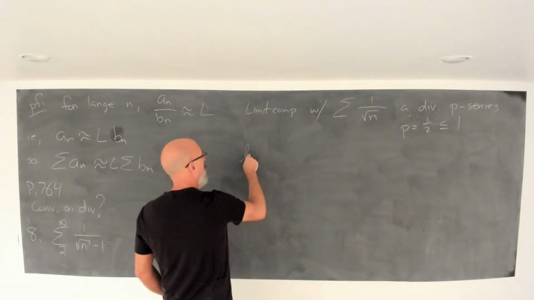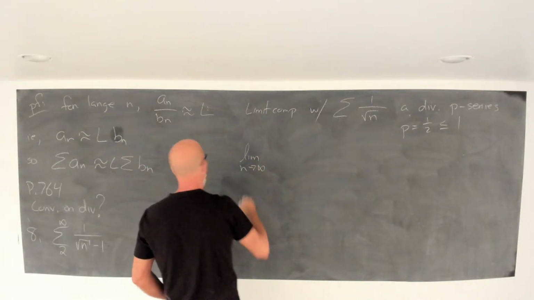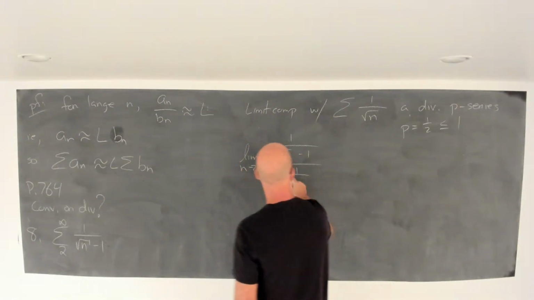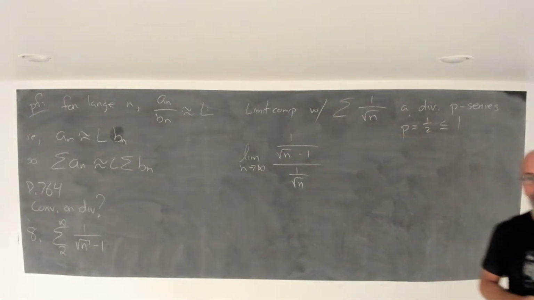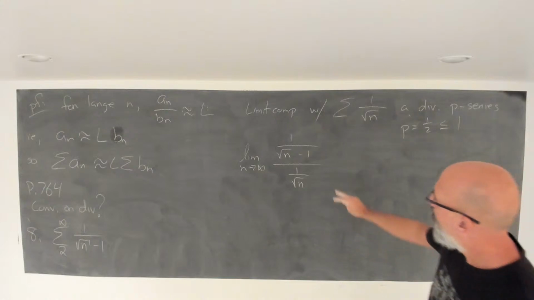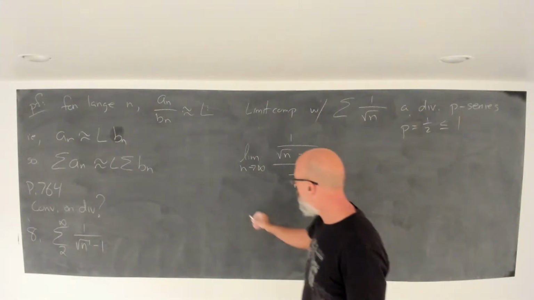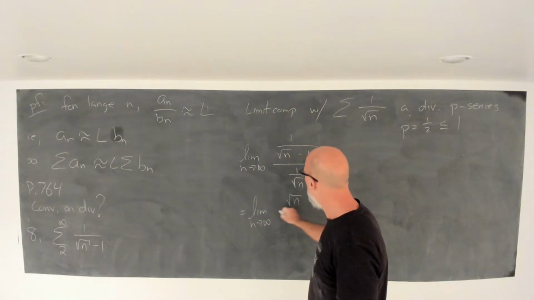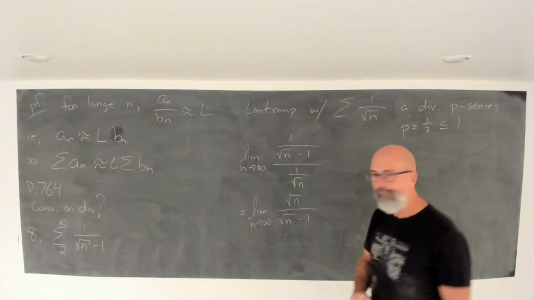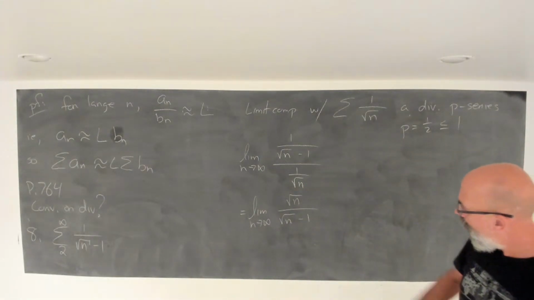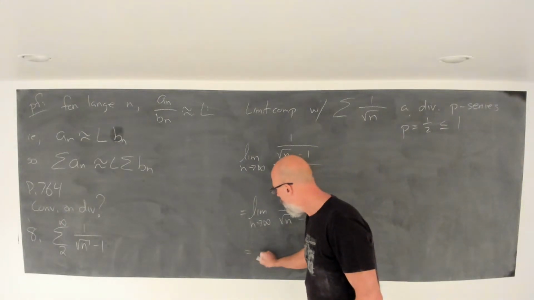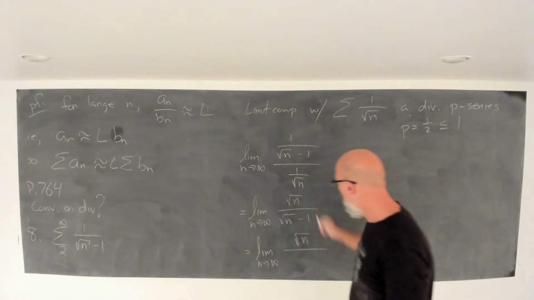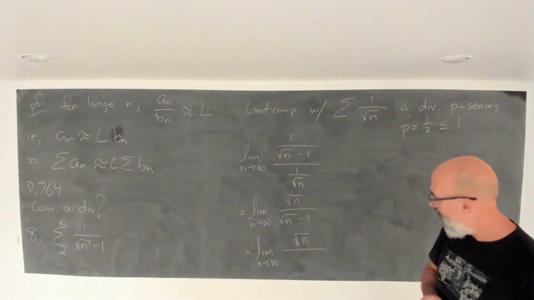Let's apply the limit comparison test. This is the limit of one of the terms divided by the other. You're dividing by a fraction, so we're going to multiply by the reciprocal. Factor out a root n from the denominator, perhaps, or you could use L'Hopital's rule, because this looks like infinity over infinity.